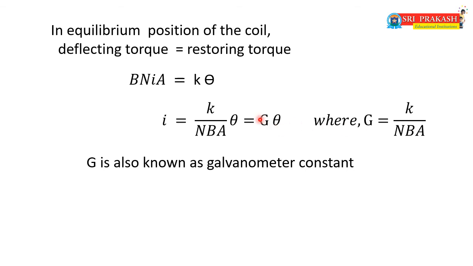With respect to a particular coil, the number of turns, radial magnetic field and area of the coil are constant, so G is constant and the current I is proportional to theta. How much angle the needle turns, that much current is passing in the galvanometer. So by measuring the angle we can get the current.